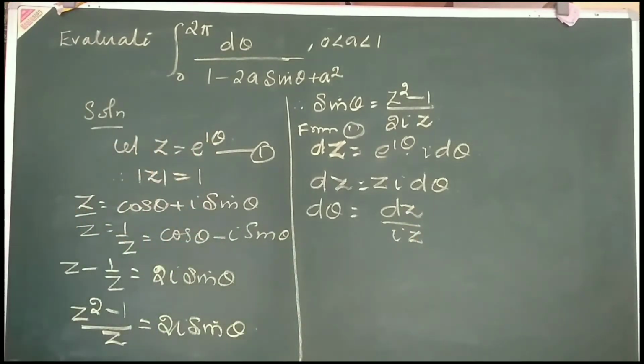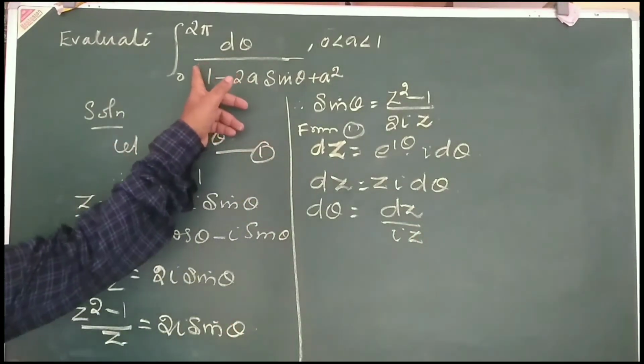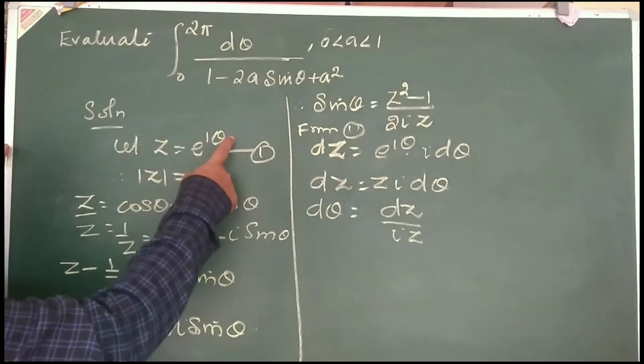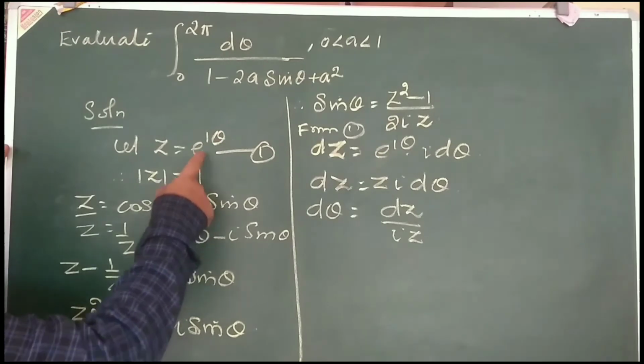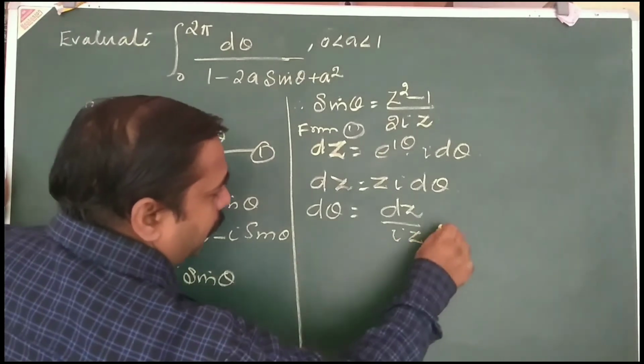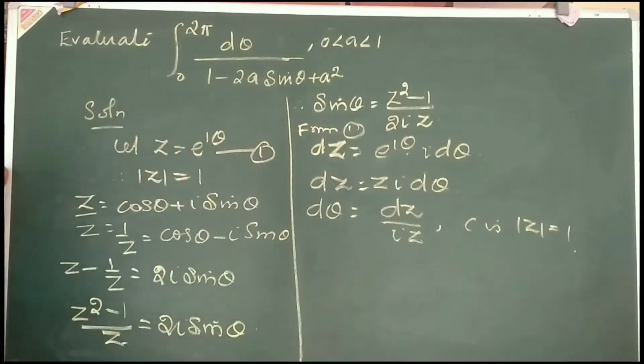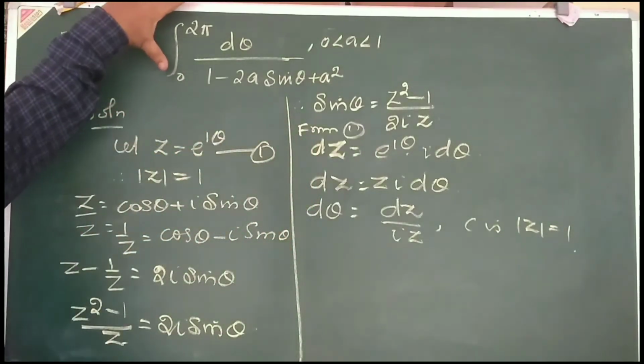So these are the substitutions we have to apply in this integration. Since z is equal to e raised to I theta, mod z is equal to 1. Therefore our integral becomes, what is the integral value?